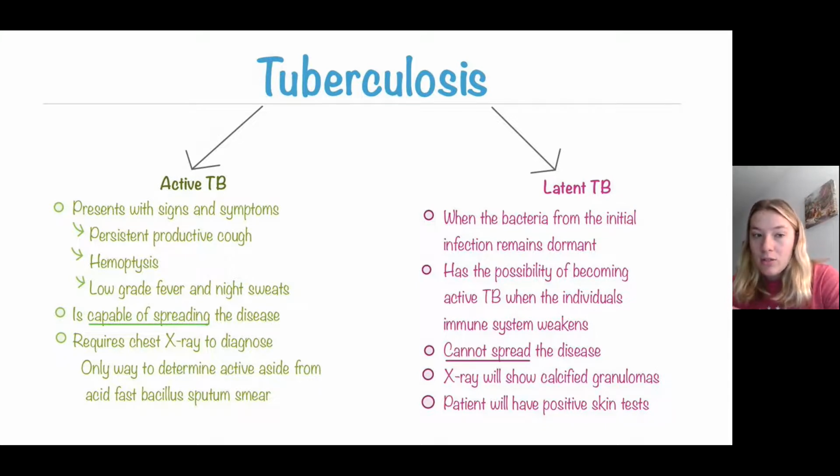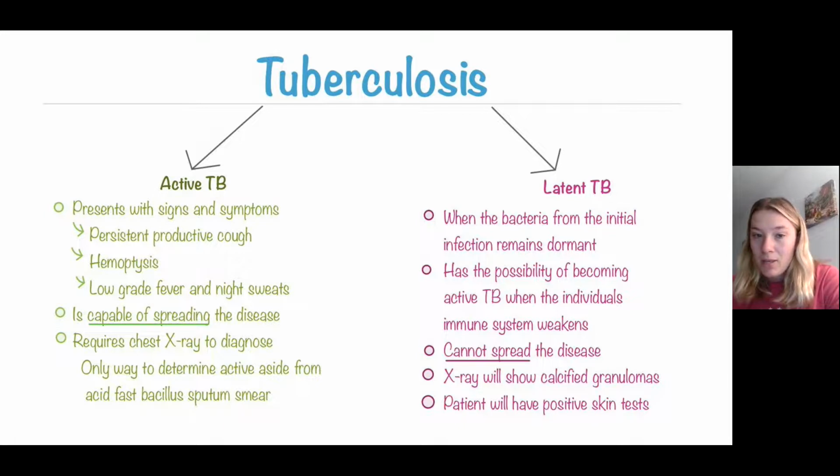So in order to diagnose, we really need a chest X-ray. And then we're also going to try to get a smear from their mouth. When my patient is in latent TB, they are not capable of spreading the disease. So unfortunately with tuberculosis, most patients that have active TB will eventually become stabilized, but that TB is still going to stay within their system.